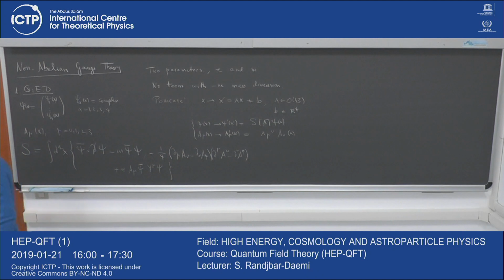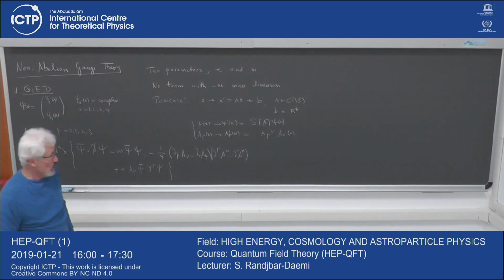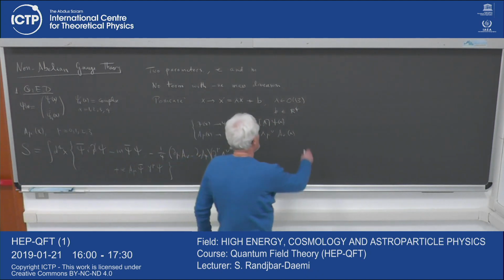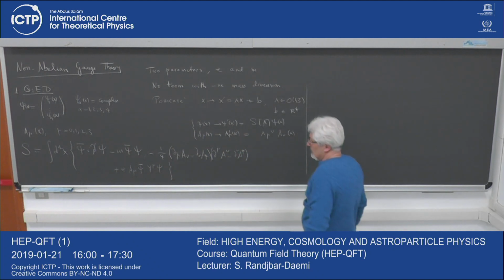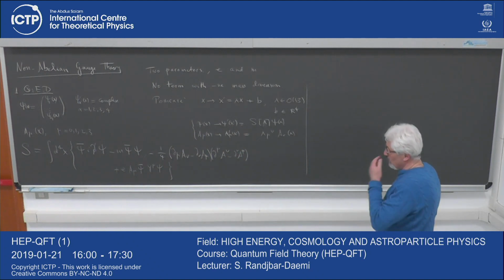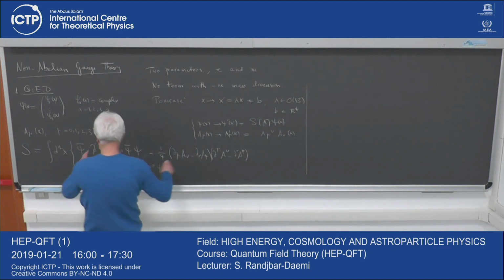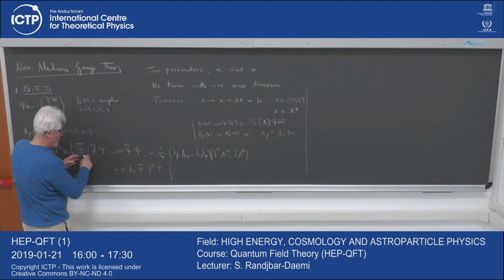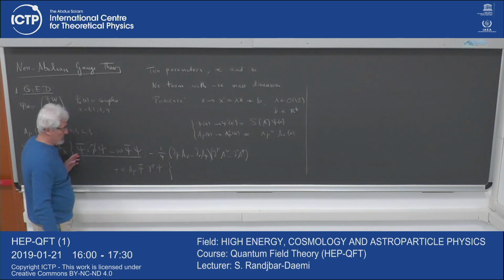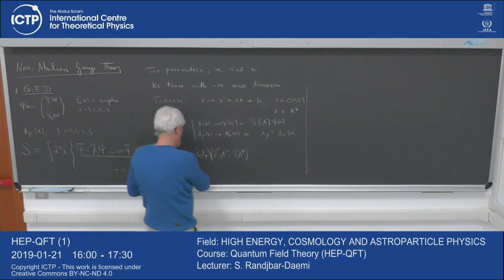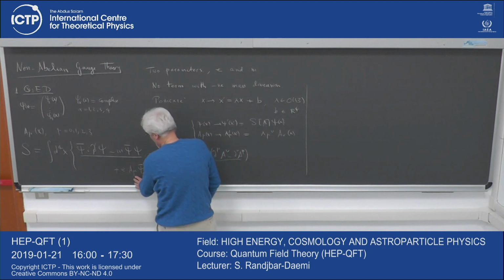There is a second symmetry of this action, which is not manifest, but it's there. And it becomes more elegant to, I wrote this in very great detail in order to point out that you get the propagation of free charged particles from here, propagation of photons from here, and the interaction from here.